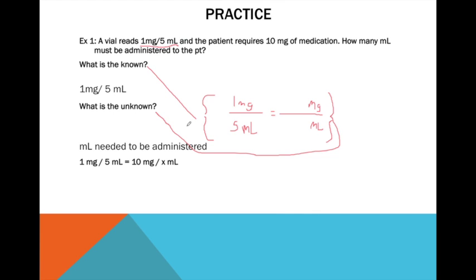They're going to give us one of these values, and here they give us the 10 milligrams. Once you have that, you cross multiply and divide. So 5 times 10 is 50, divided by 1 is 50 milliliters. So 50 milliliters will be administered to the patient if we want them to have 10 milligrams of medication.